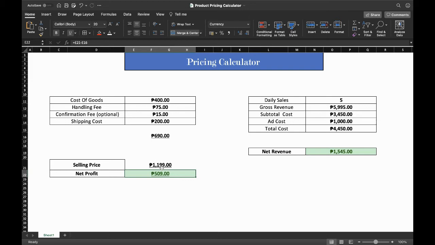Because I have different variables that I have to account for, I want to be able to reduce the amount of variables that I'm taking into account as I'm trying to process and determine why things are not working. So I like to price the item at the maximum of 500 pesos, and I'll launch the product in my testing phase, which allows me to evaluate if things are working or not working.